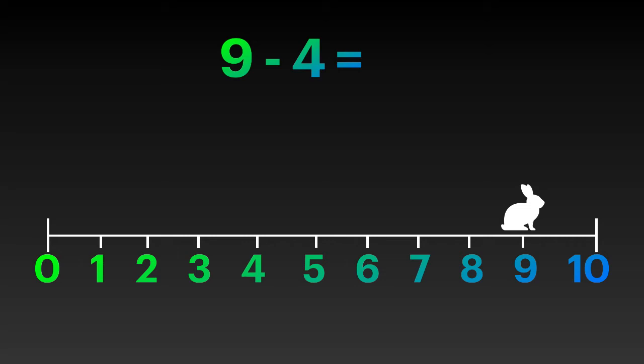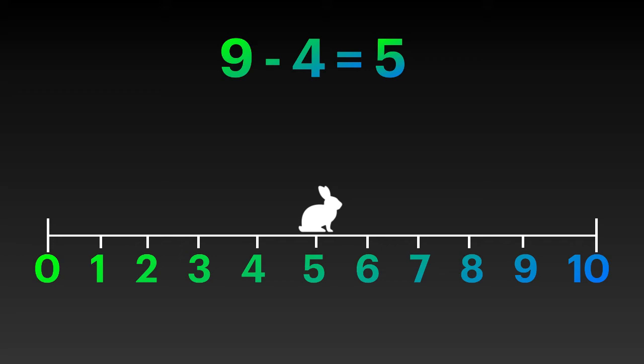So let's put our finger on top of the rabbit on number 9 and let's go back. 1, 2, 3, 4. So we're now on the number 5, which means that 9 take away 4 makes 5. And that's what 9 take away 4 equals 5.